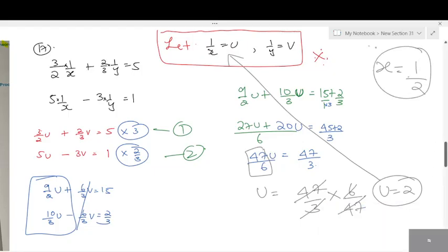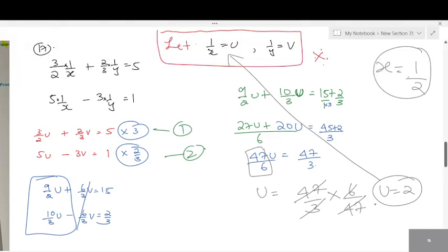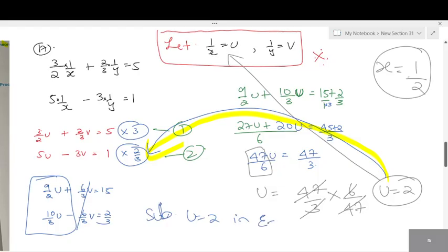Next one. Can you tell me the next one? You can find that later. First, substitute the u value. Let's substitute u in which equation, first or second? Yes, second equation. The second equation doesn't have any denominator. I'm going to substitute in the second equation. Substitute u is equal to 2 in equation 2.